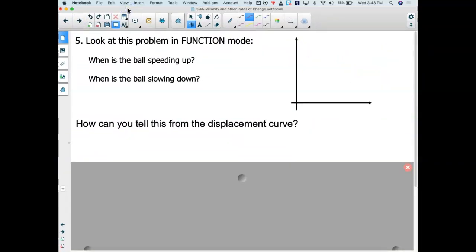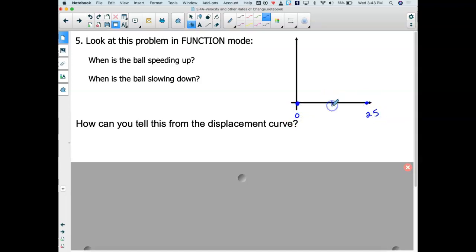And I'm moving everything. So, look at this problem in function mode. Did that already. My problem in function mode is going to come from here. It's going to be at 0. It's going to be back down here at 25.